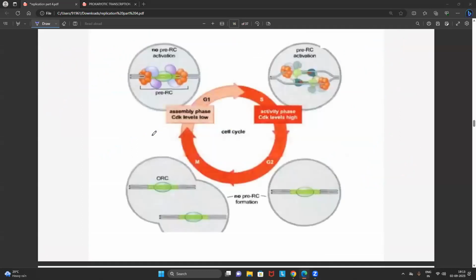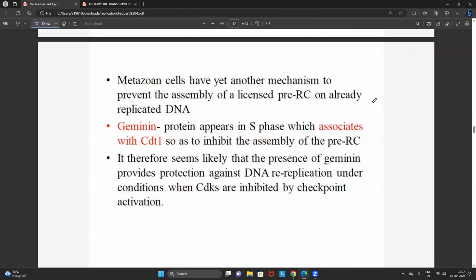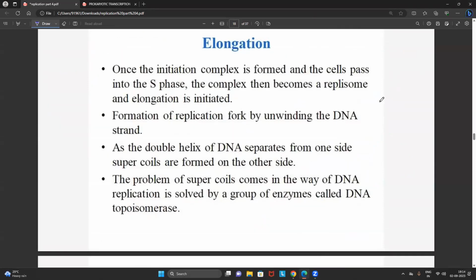That's why the pre-replication complex is formed, but it is never activated. When it comes to the S phase, the CDK level is absolutely high. When the CDK level is high, undoubtedly it leads to the active replication complex. No need to get confused with that point. Okay, you got that point very clearly.